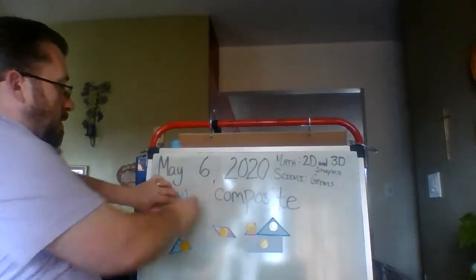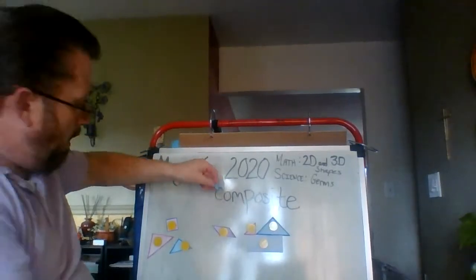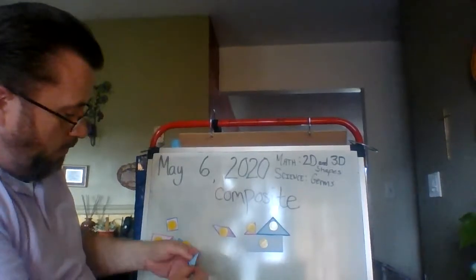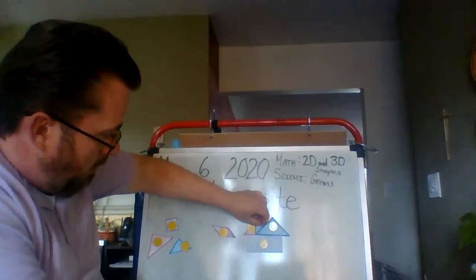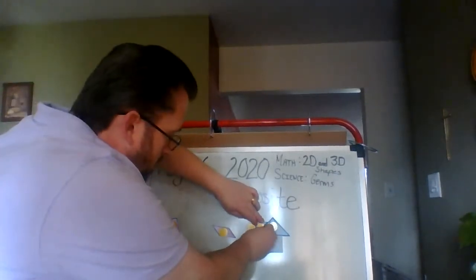I'm going to take another small triangle, the other one we have, and I'm going to place that one in between the two triangles, like that.